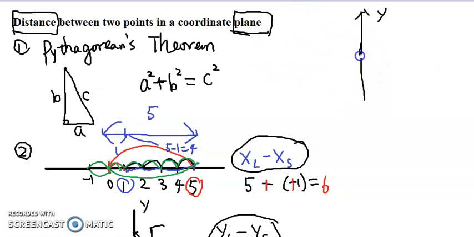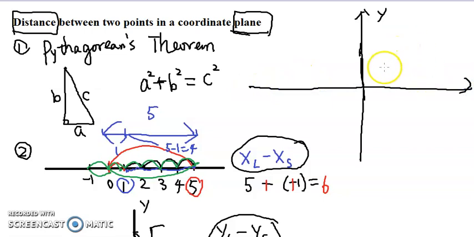Suppose we have this y-axis and we have the x-axis, and we may have a point right here and another point right there. So how do we find the distance? This one may not be proportional, so let's make this one (1, 2), and this point let's make it (4, 7).